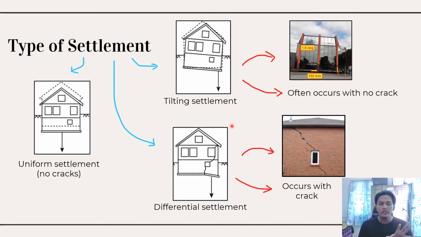The last one is differential settlement, which occurs because of a difference in soil type over here and over here, where the soil may have poor bearing capacity.